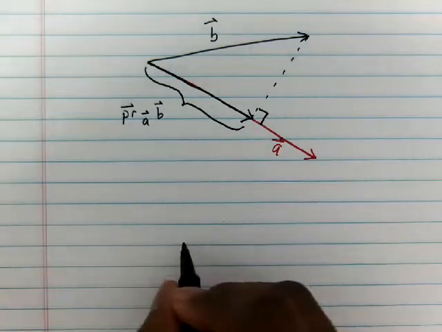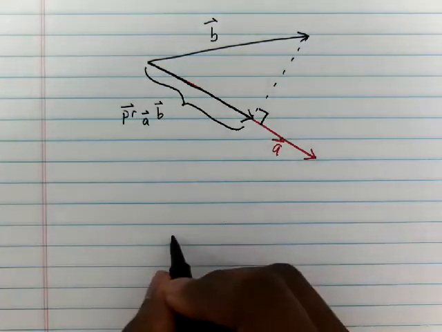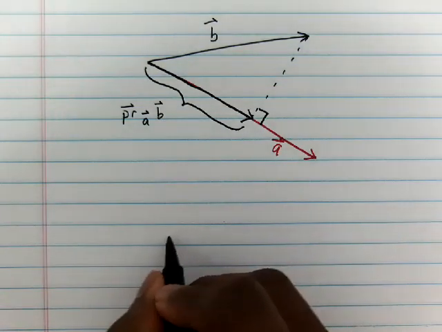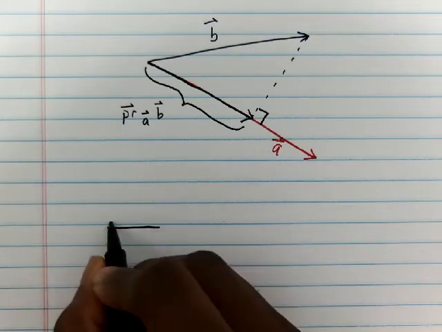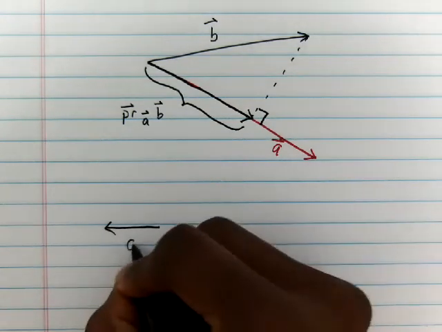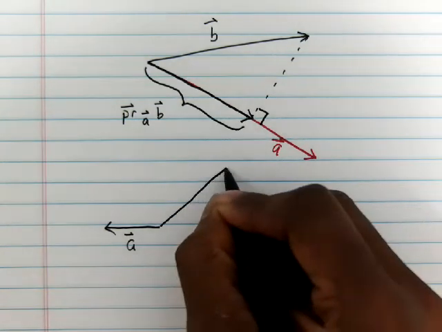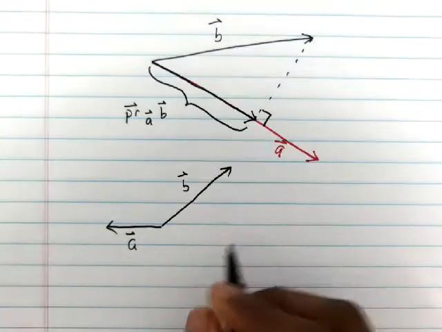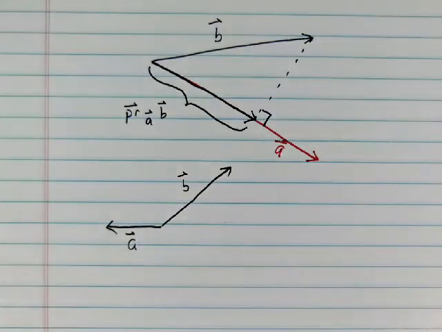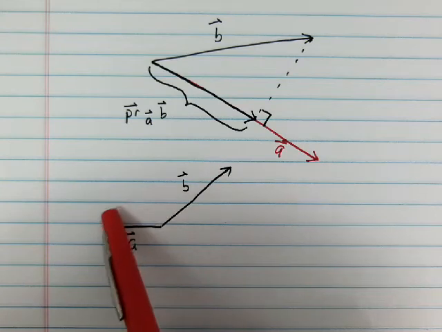So say for instance, our vector A was that vector. So that's our vector A. And our vector B was this vector. Now to do the projection onto A, we're not going to drop a perpendicular in this direction because it's not perpendicular.